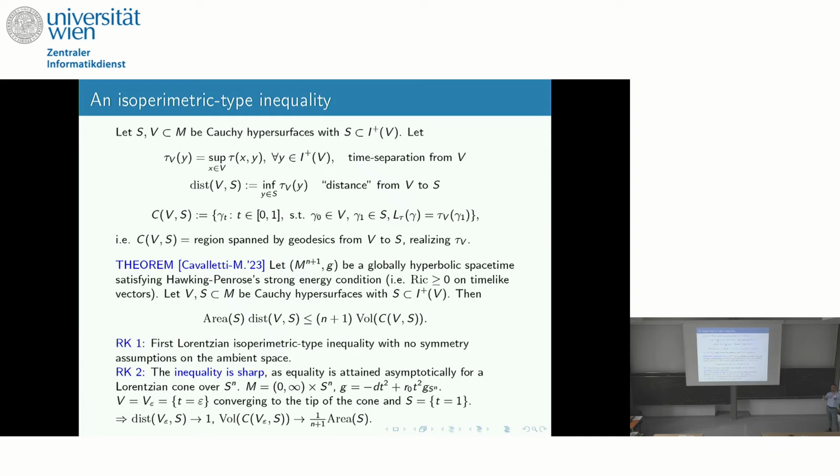So we need that they are both achronal and that they are one on top of the other in a way that when you take geodesics which maximize the time separation from one, you hit the other one. And if they are both Cauchy, that's automatic, otherwise it's an assumption. Correct, yeah. Very good.